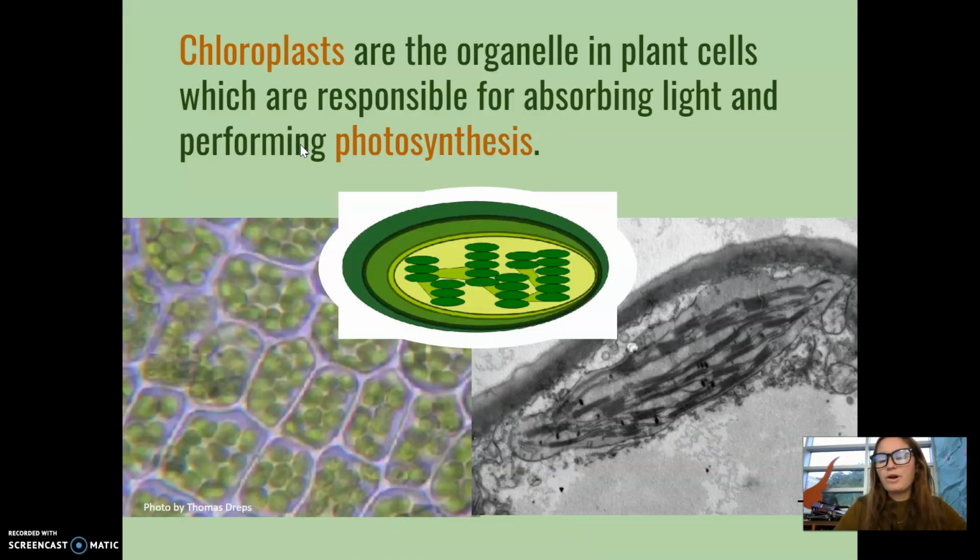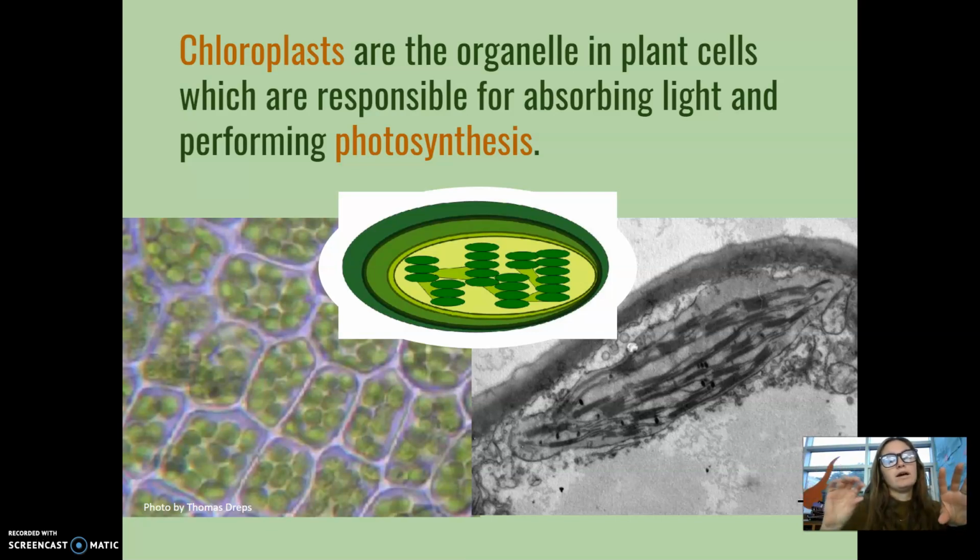Yes. Chloroplasts are found in plant cells. They are the organelle that is responsible for absorbing light and performing photosynthesis. If we recall the Venn diagram that we did with animal and plant cells, those were the two main types of eukaryotic cells that we were discussing.